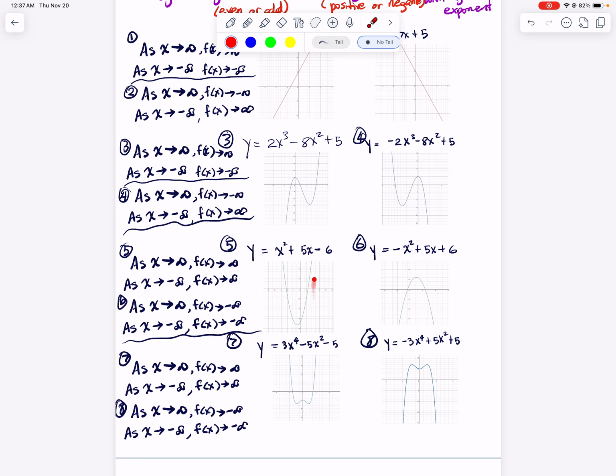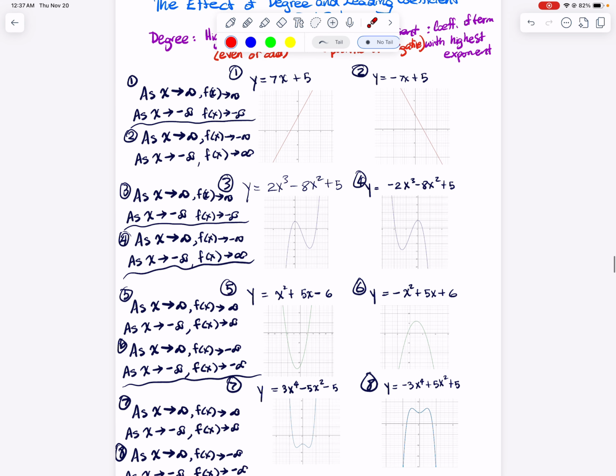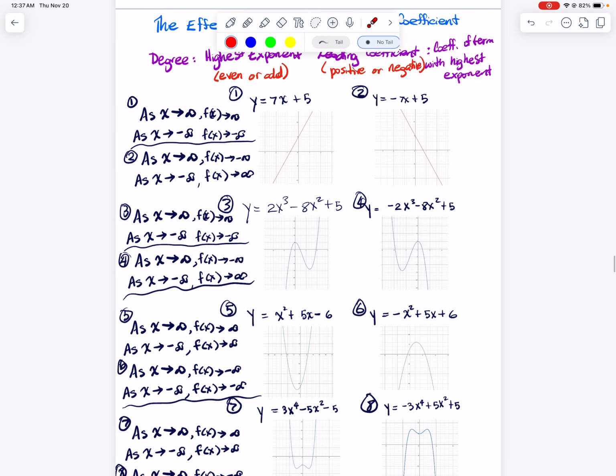So it's like a mirror image over here if it's a quadratic. But generally speaking, if there's an even degree, you are going to have something that looks relatively similar to a quadratic.